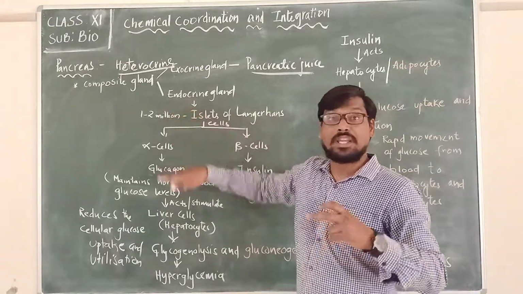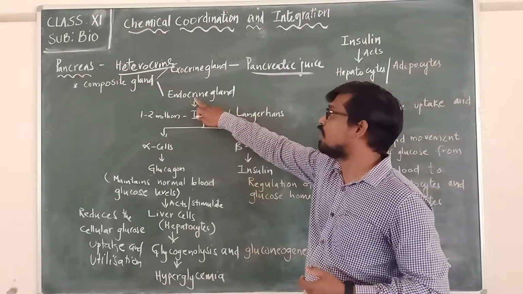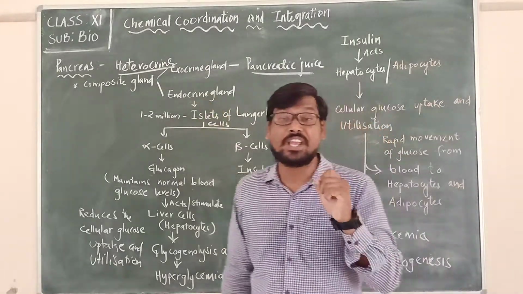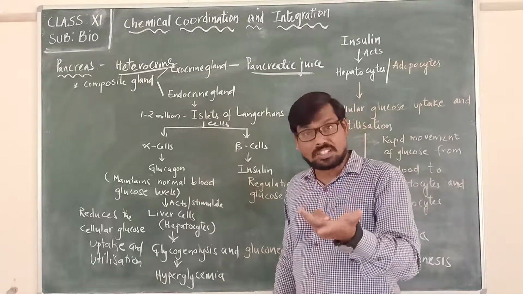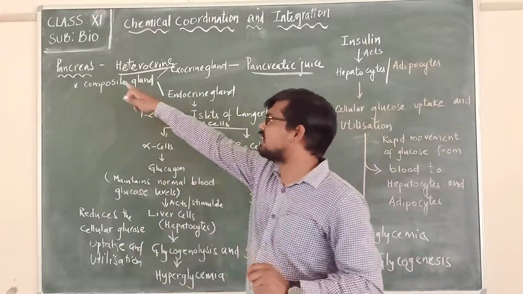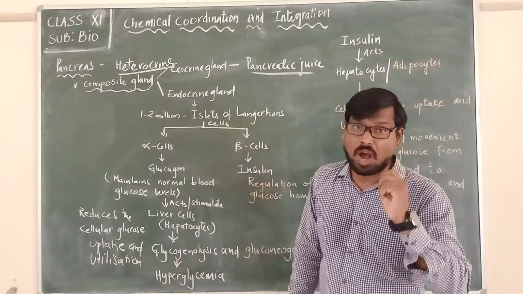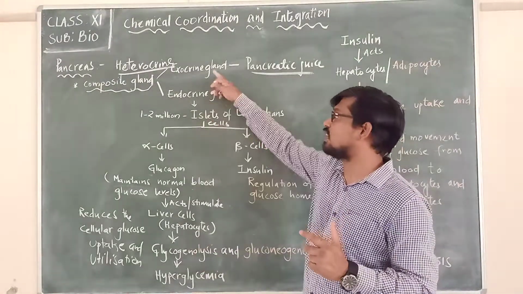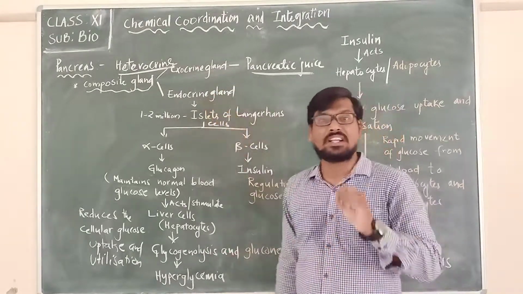And when it produces hormones, we call the pancreas an endocrine gland. In a simple way, the pancreas is a composite gland because it acts as both exocrine and endocrine gland.